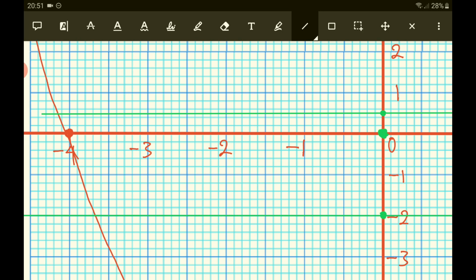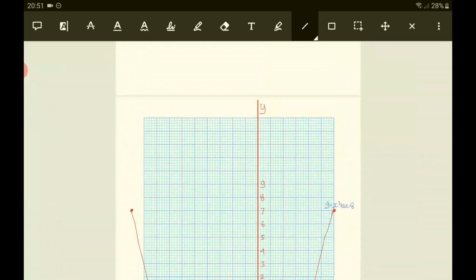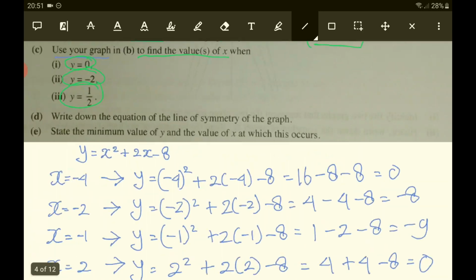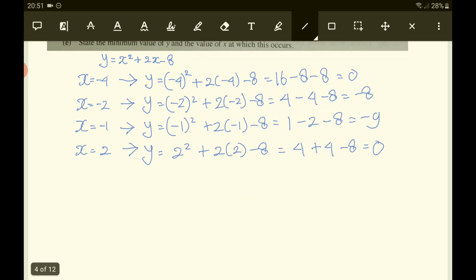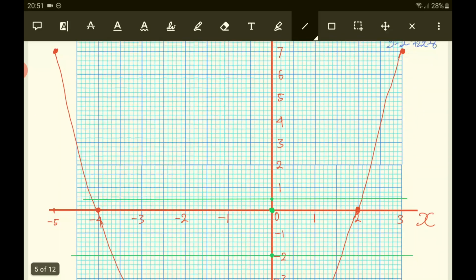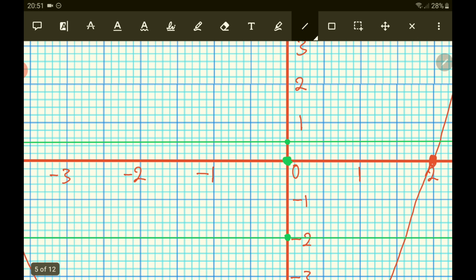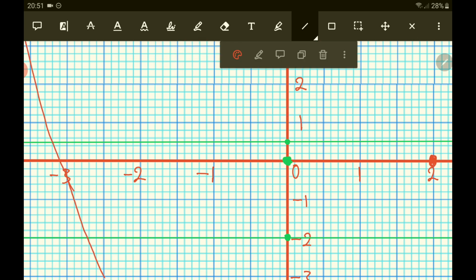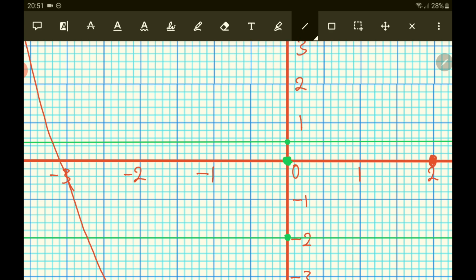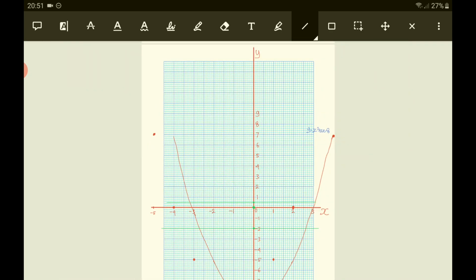All right, so let's check the value of x now. The first one is when y equal to 0. Oh, that's easy. When y equal to 0 here, so we can check the value of x. Alright, so I need to undo part.